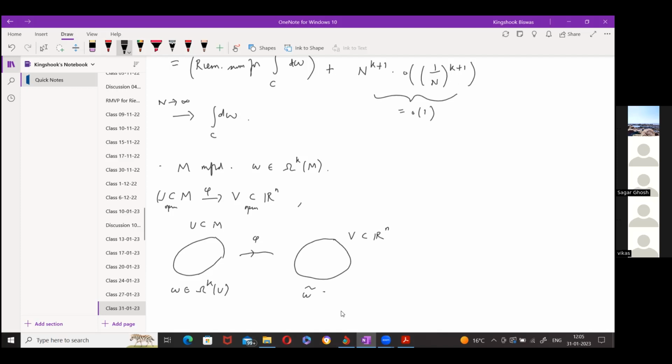So there is some K form omega tilde on V such that omega is equal to phi star omega tilde, right?